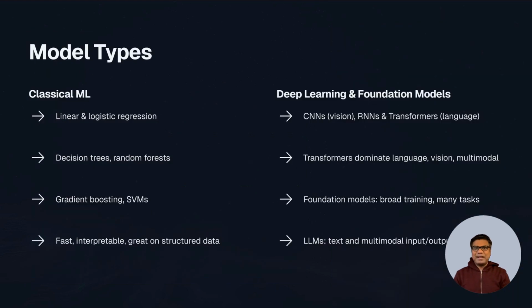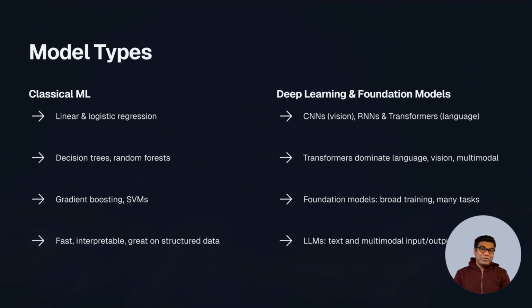Now let us move to model types. Classical machine learning includes linear regression, logistic regression, decision trees, random forests, gradient boosting, support vector machines, k-nearest neighbors, clustering methods such as k-means, and probabilistic models. These approaches are often fast, interpretable, efficient, and highly effective on structured enterprise data.